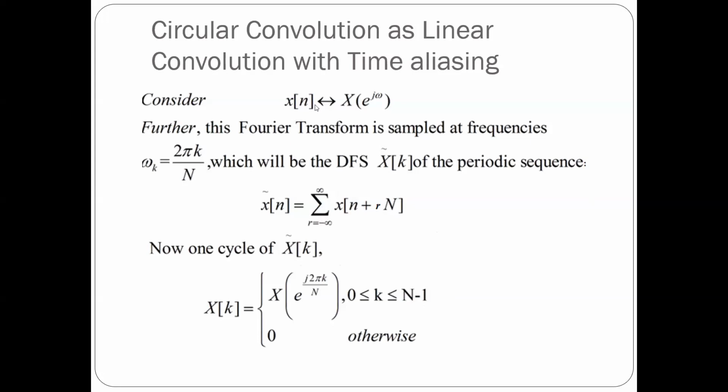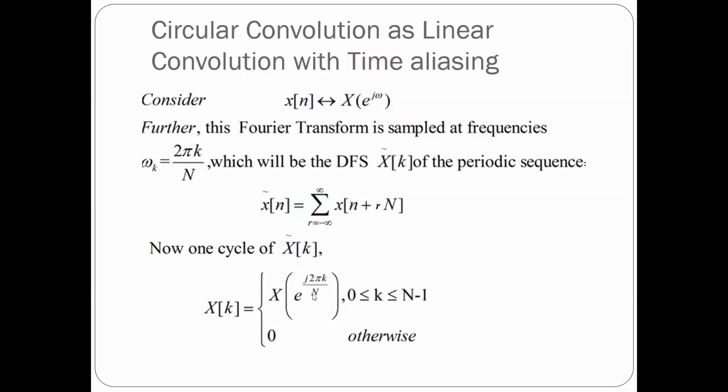And now, remember that we had not mentioned that the length of the sequence X of n is equal to N. We had not mentioned the length of the sequence X of n. But now, this length can be greater than N also.